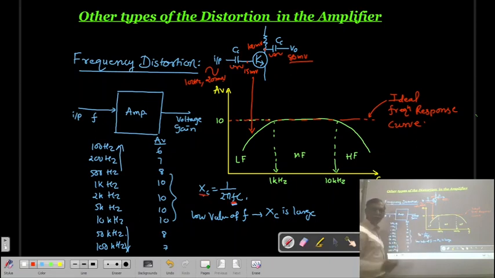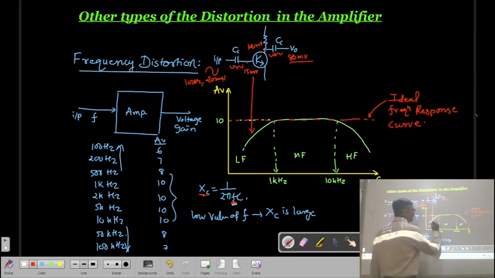Now as we increase the frequency, the reactance Xc is going to decrease. So the drop across the coupling capacitor will also decrease and your output voltage will increase. As a result, the gain of the amplifier is increasing as my frequency is increasing.